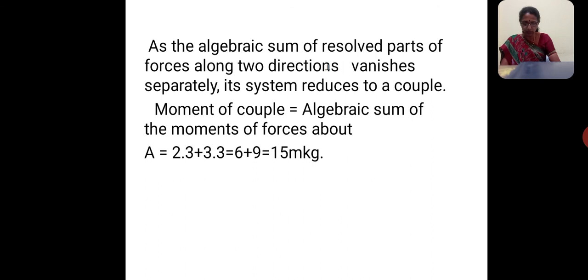As the algebraic sum of the resolved parts of forces along two perpendicular directions vanishes separately, the system reduces to a couple.